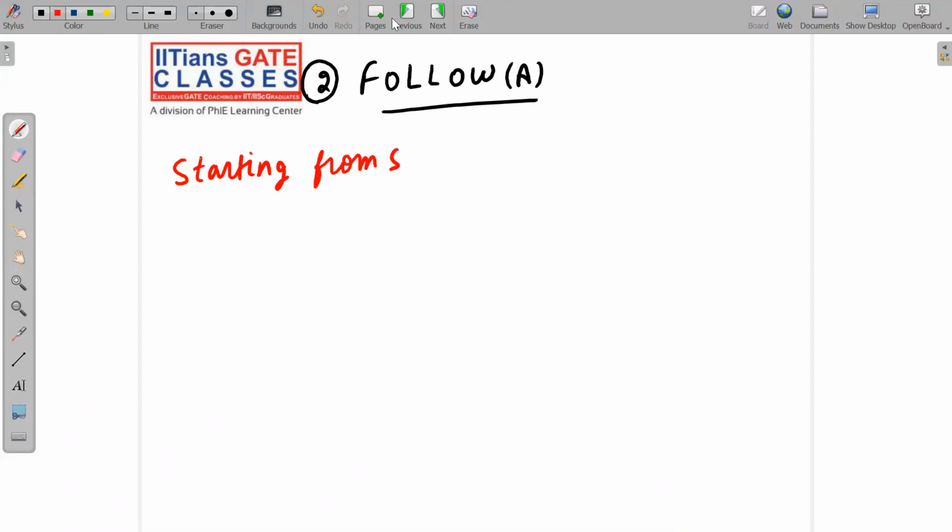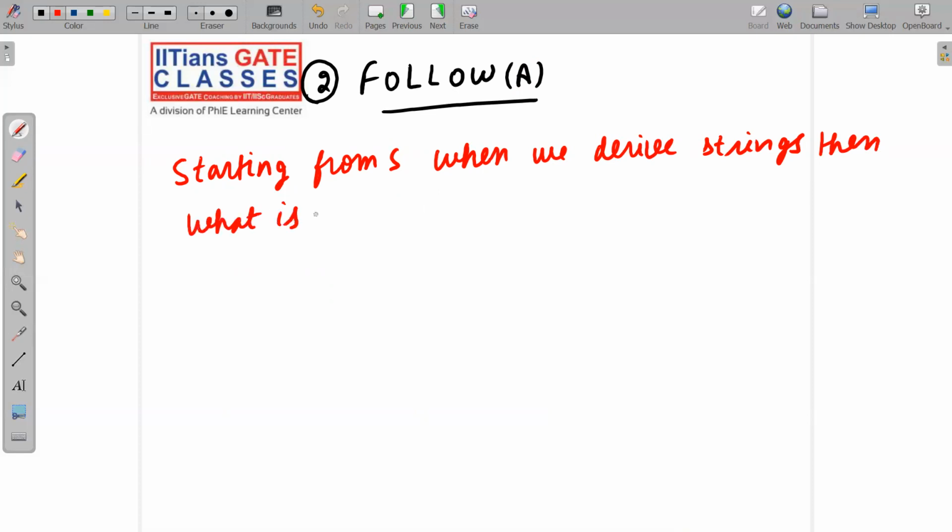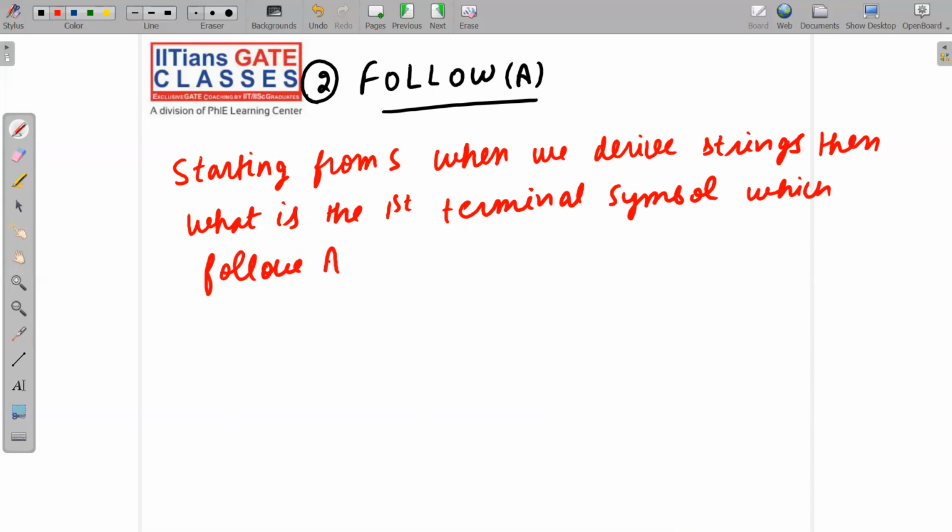Starting from S. In case of first, we said starting from A, but here we are saying starting from S. When we derive strings starting from S, what is the first terminal symbol which follows A?